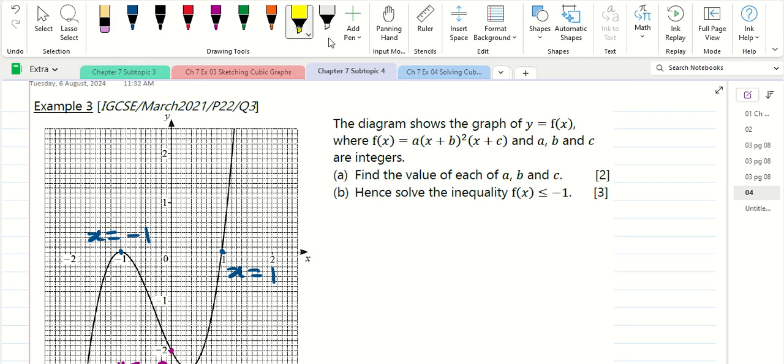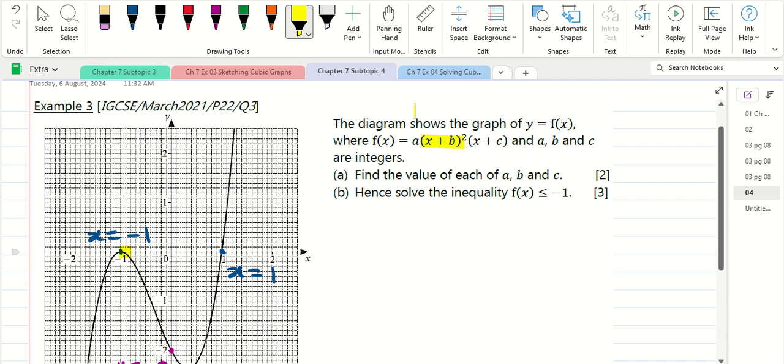For this one, obviously this is a repeated root, as we have seen last time. So this one is reserved for a part of the graph that touches only at one point.